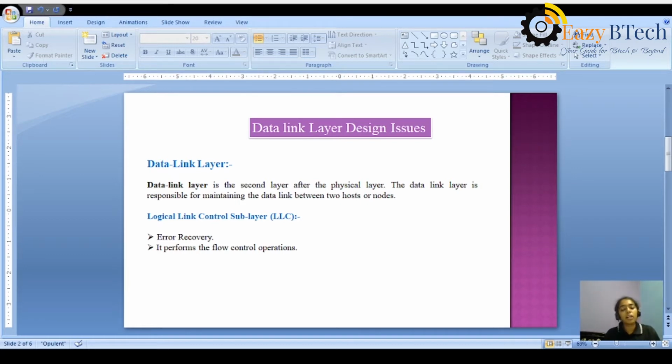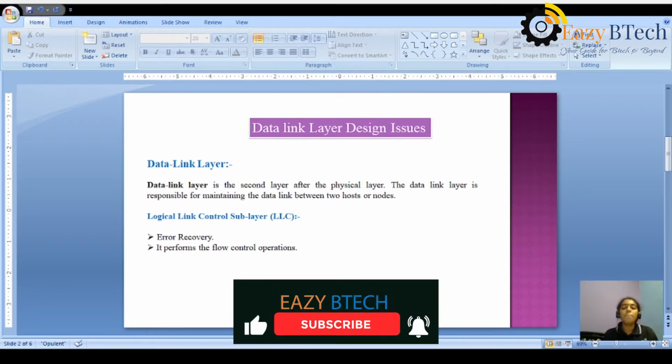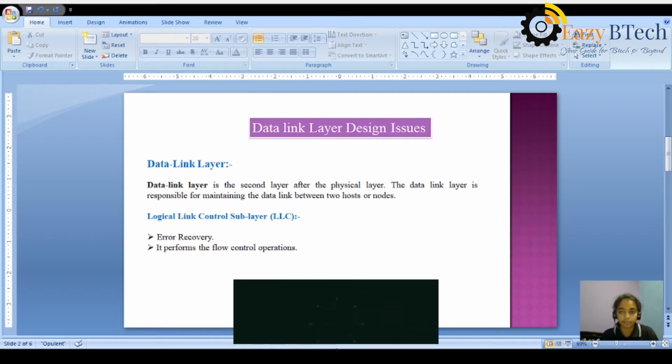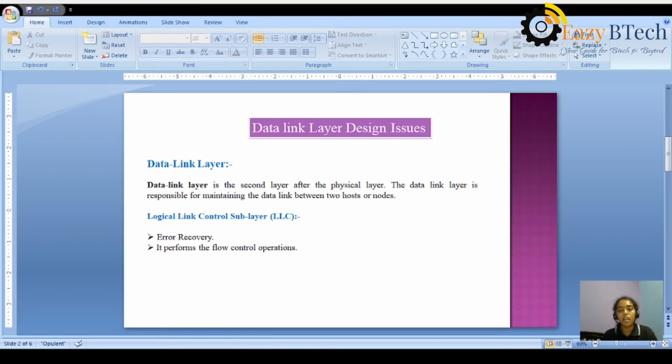Before going to the responsibilities of the data link layer, I already said that in the OSI reference model, the data link layer is divided into two sublayers. The first one is the logical link control layer, which we call the LLC layer. LLC, logical link control, is one of the sublayers, and the second one is the medium access control layer, which we can call the MAC layer.